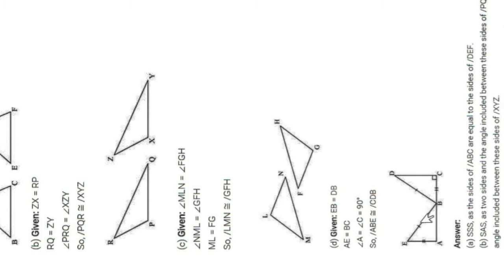Fourth one, this figure is given here. EB equal to DB, AE equal to BC. Then angle A equal to angle C equal to 90 degrees.